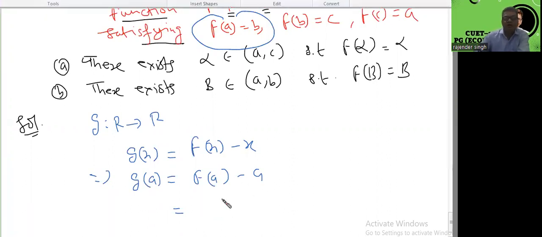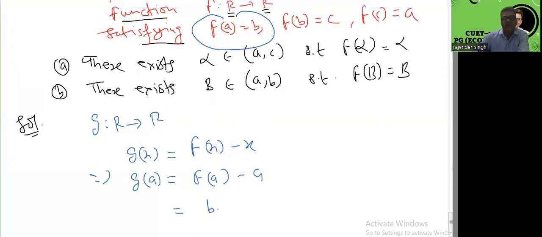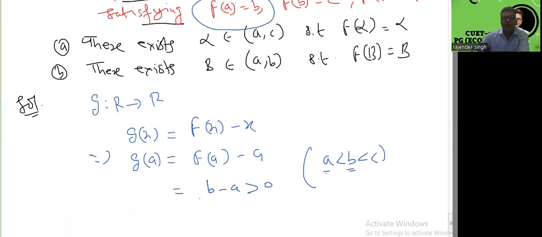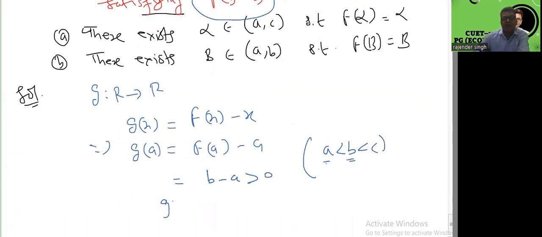So we can write b minus a, right, which is greater than 0 because it is given a less than b less than c. That means the value of b is more than a, that means b minus a is a positive number, right? So we can say g of a is a positive number, right?